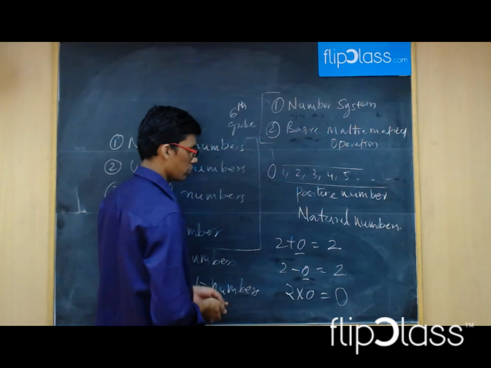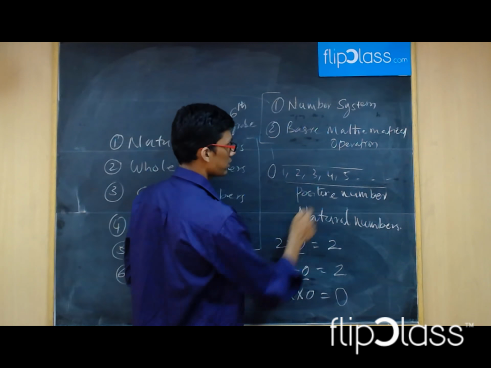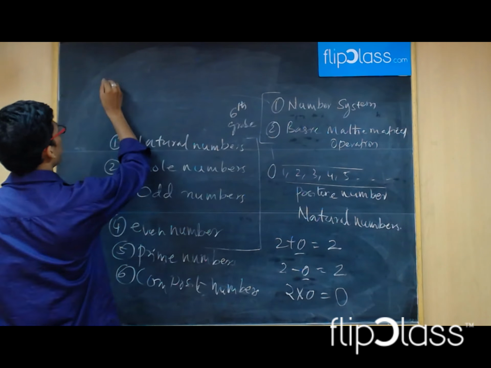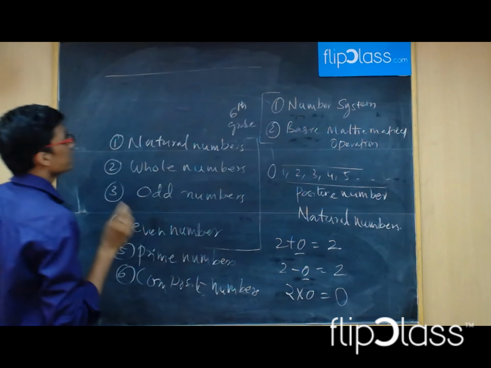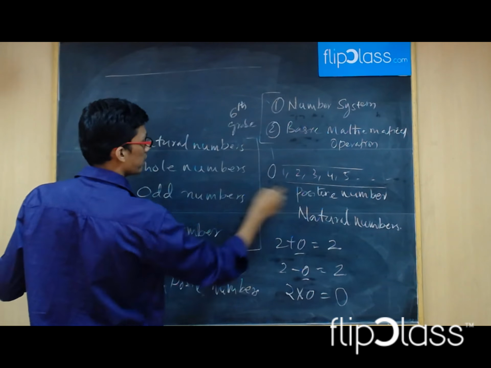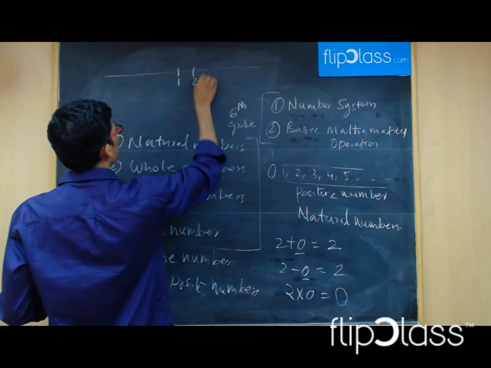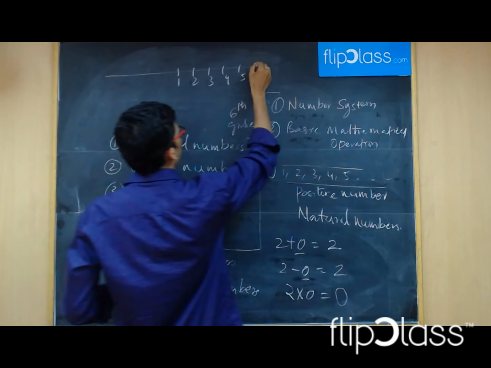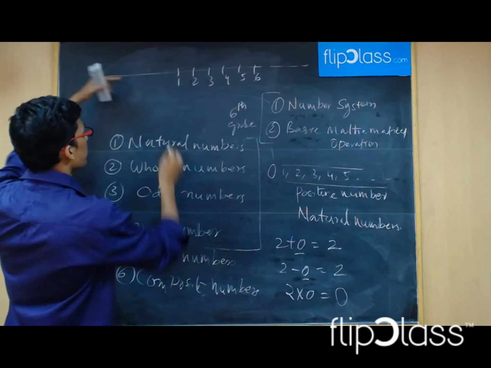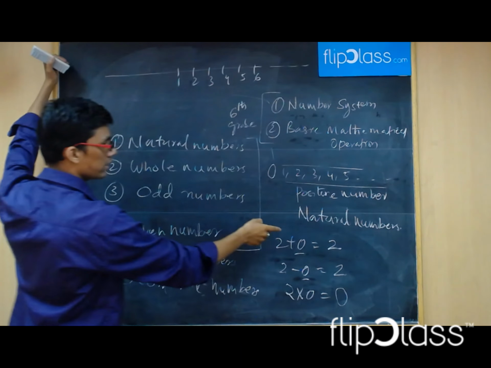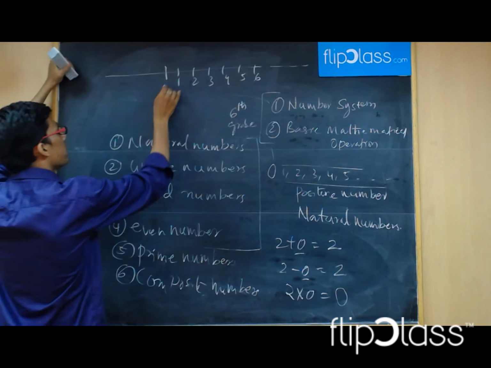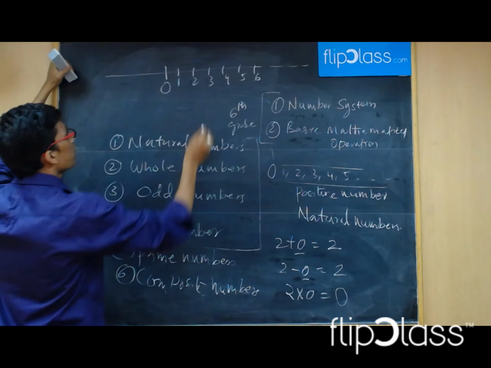Usually you represent this on a number line. What do you mean by a number line? There is a number line wherein you mark all these things. This is 1, 2, 3, 4, 5, 6 and so on. The number 0 will be on the left side of the positive numbers. So here is the value 0, and these are all the positive numbers.